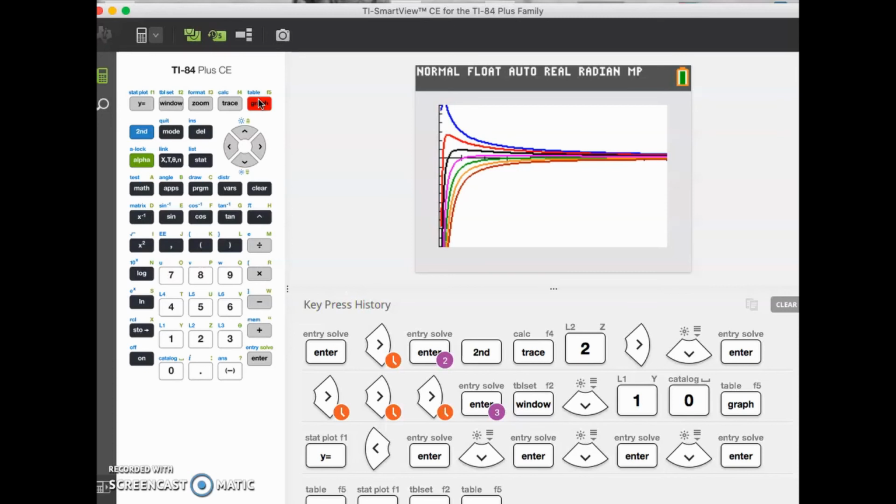And if I want to undo the log, then I have to raise both sides to the base of e, right, like this. So the x value that would be my x-intercept for any of these functions is going to be e to the -c power. So this right here is going to be the x-intercept of any of these functions in this family. And so the c value affects our x-intercept.